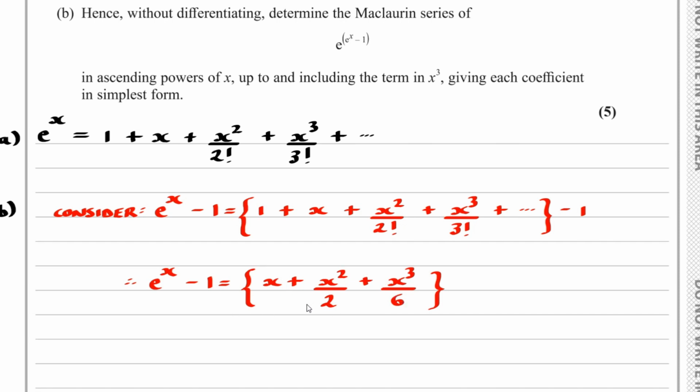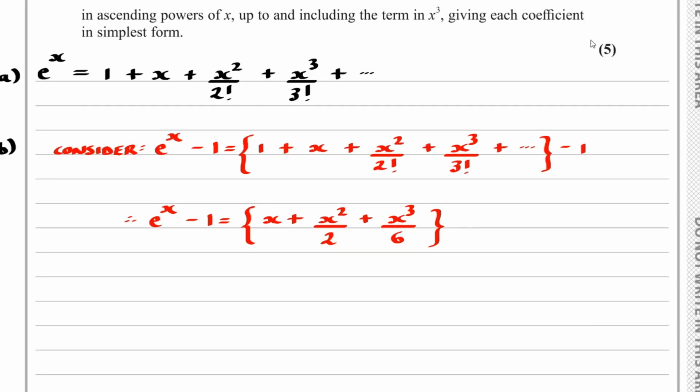So what we are required to do is use our result from part A, but instead of using an x, we'll replace the x with e to the x subtract 1. So we have e to the power of e to the x subtract 1. Our first term is given by 1.